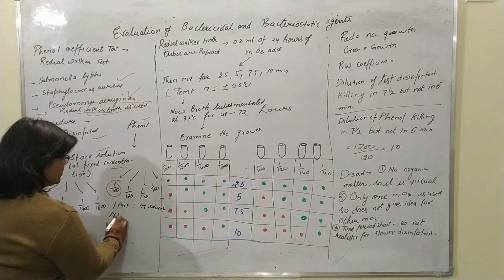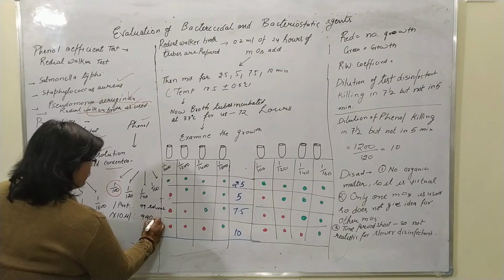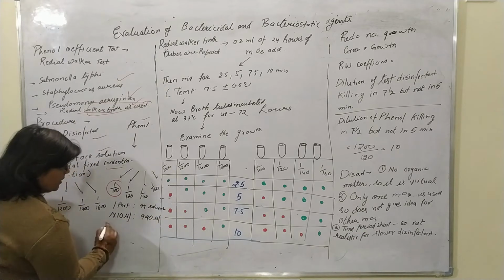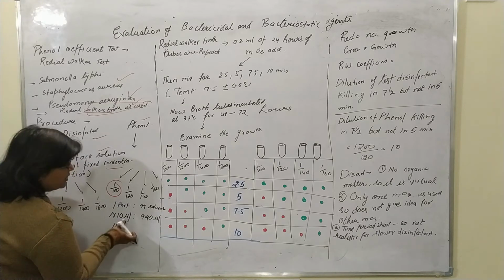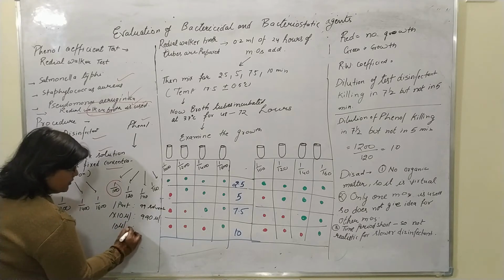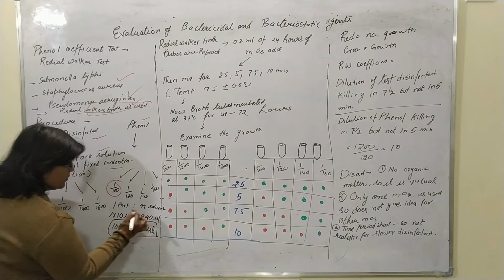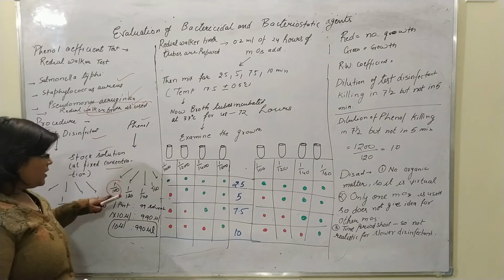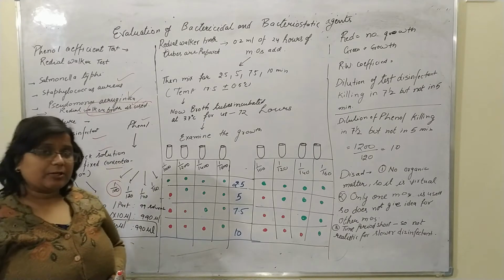So if you take 10 microliters, you dissolve it in 990 microliters. That is, 10 microliters of the sample, test disinfectant or phenol, is dissolved in 990 microliters of water. This is how you prepare or calculate the dilutions.